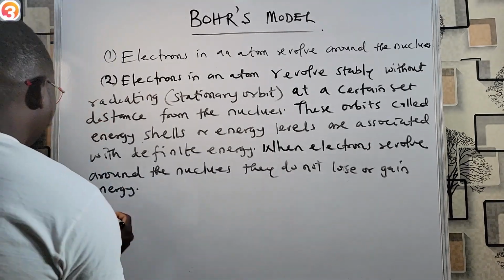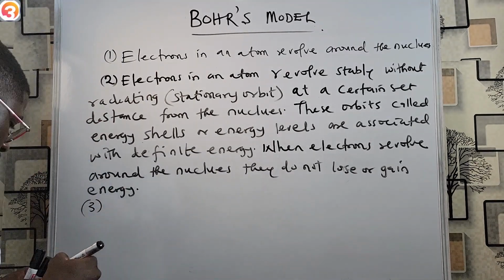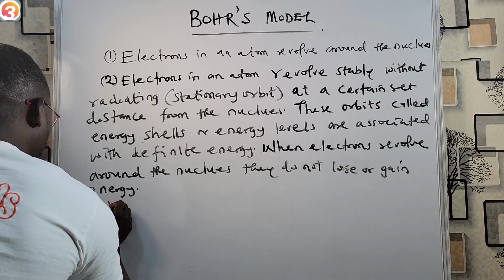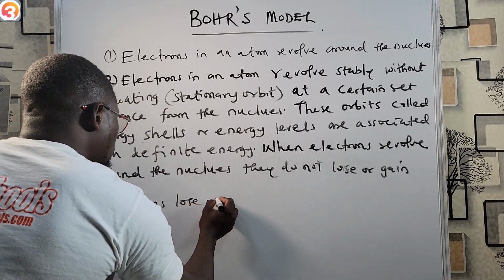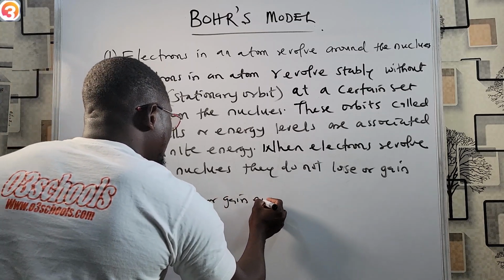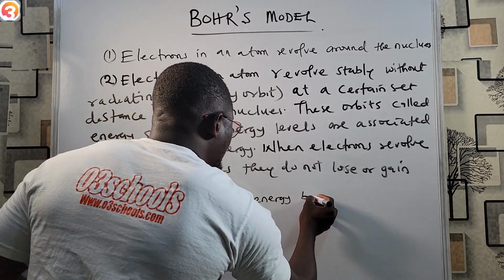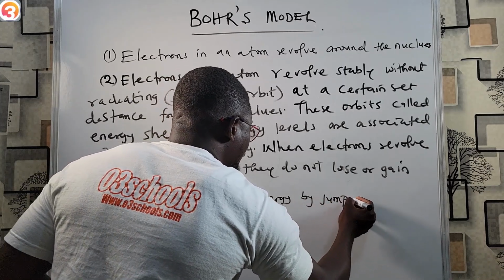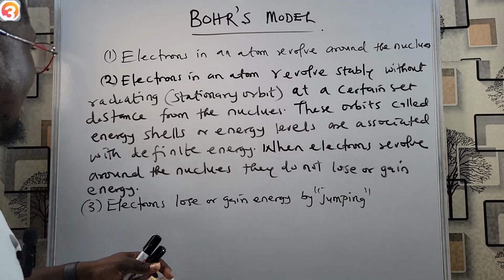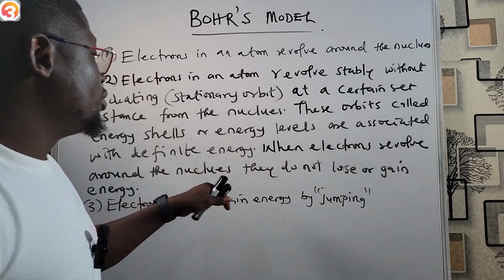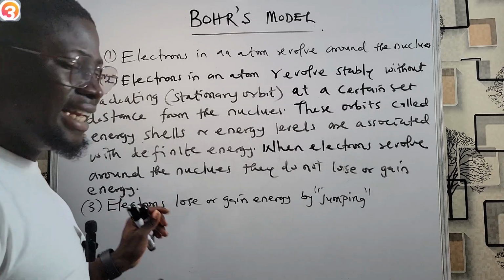Then lastly, he said electrons lose or gain energy by jumping. So, like we said here, when electrons revolve around the nucleus, they do not lose or gain energy.